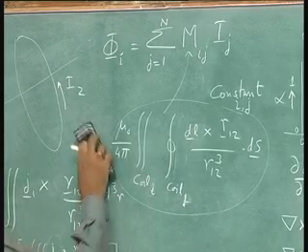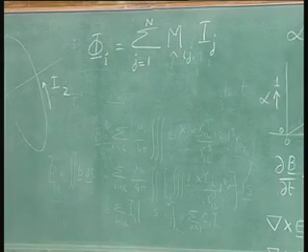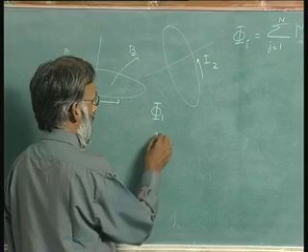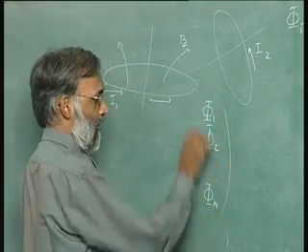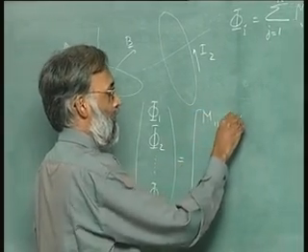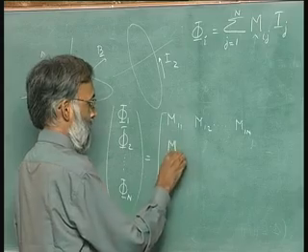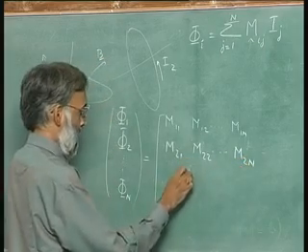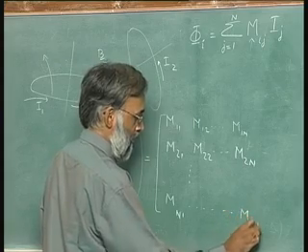So, it is therefore a matrix equation, and as I wrote down last time, that matrix equation can be written as the flux in coil 1, flux linking coil 2 up to the flux linking coil n is equal to a matrix M11, M12, up to M1n, M21, M22, up to M2n, up to Mn1, up to Mnn.